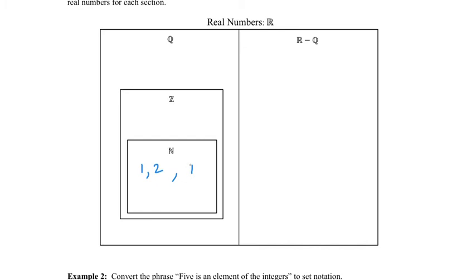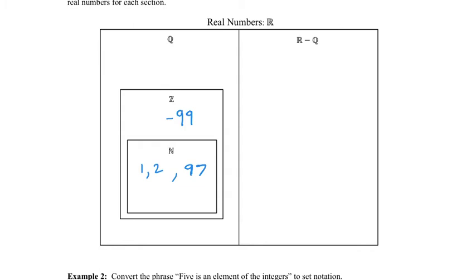Maybe Connor McDavid is in there too. All of those numbers are examples. We won't write all of them, just some examples. And then maybe an example of an integer that is not a natural number. Maybe we'll put minus Wayne Gretzky because he no longer plays.